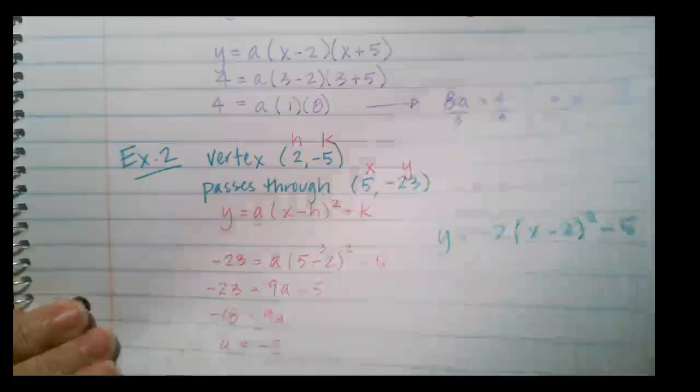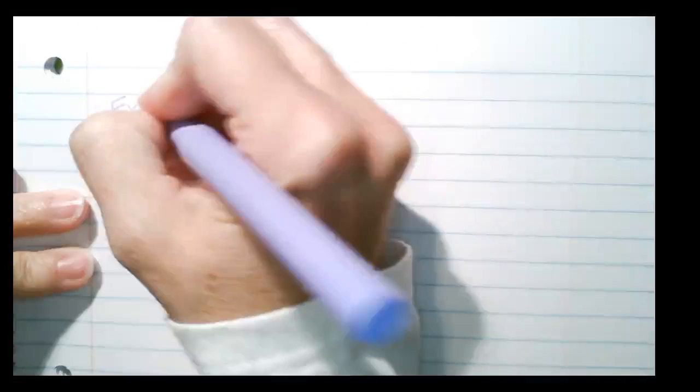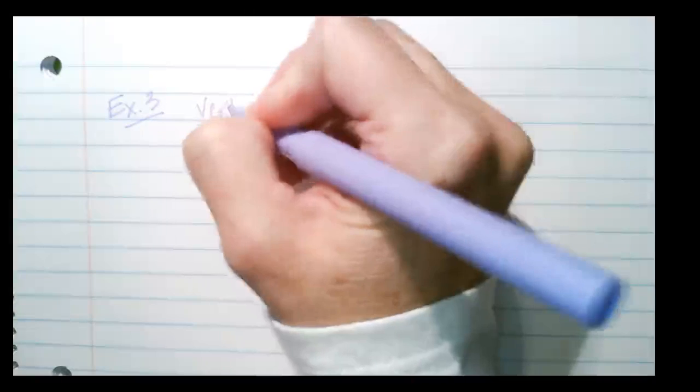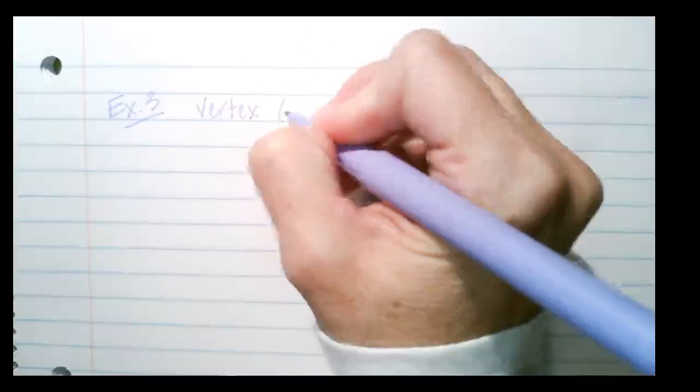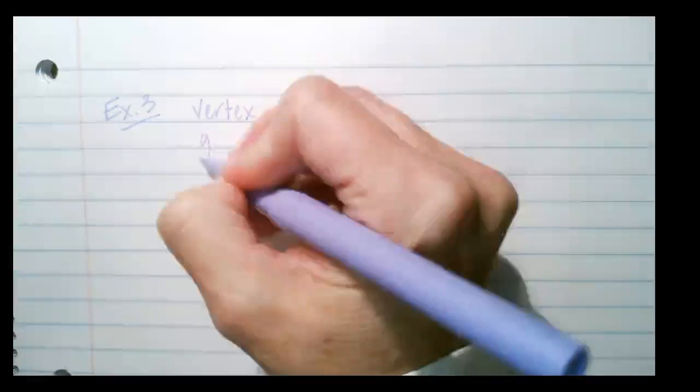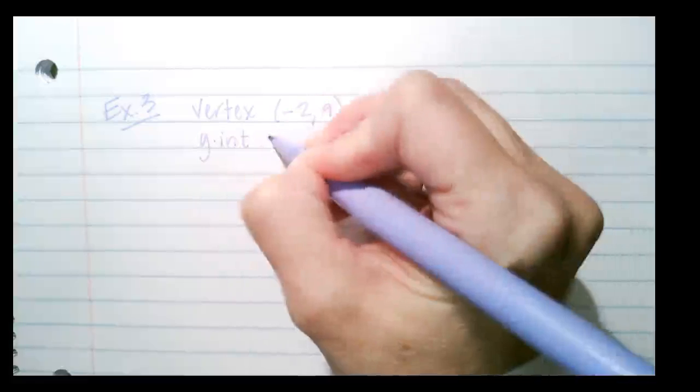All right, last example. What if we were given the y-intercept? All right, so for this one, so here's example 3. So this time, I'm going to say that the vertex is -2, 9, and the y-intercept is 13.